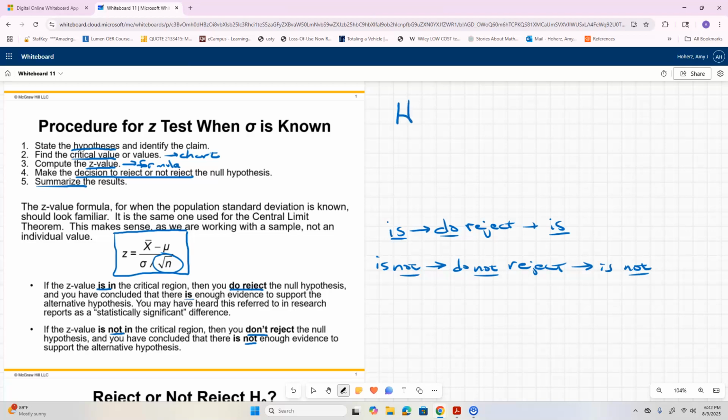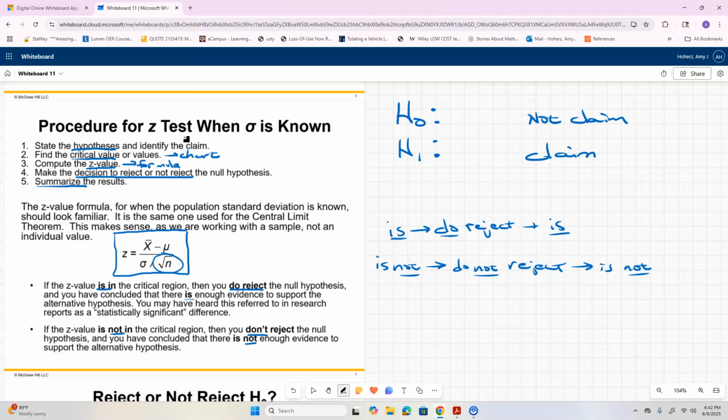With all our problems in your homework and in your examples here, we're going to have the null hypothesis be not the claim and the alternative hypothesis be the claim. If we put the claim on the null hypothesis, on the first hypothesis, that really kind of messes everything up. That's why I don't want to present them to you like that. I want to show you the way that's considered best practice and just stick with that.